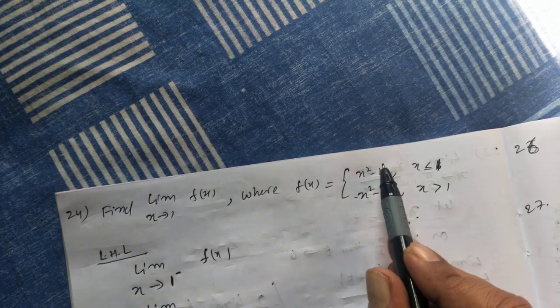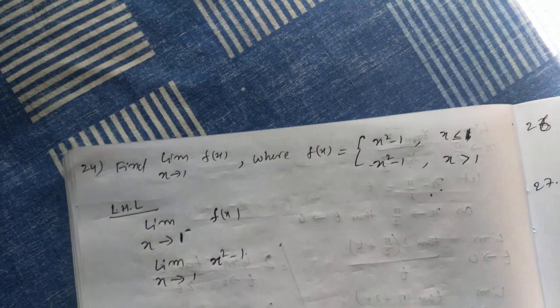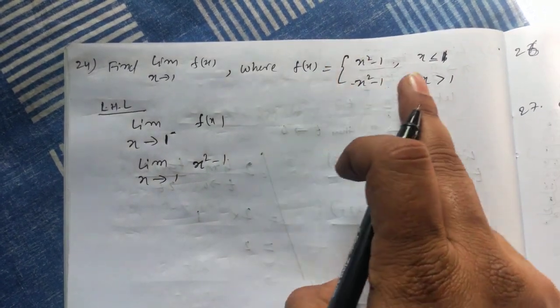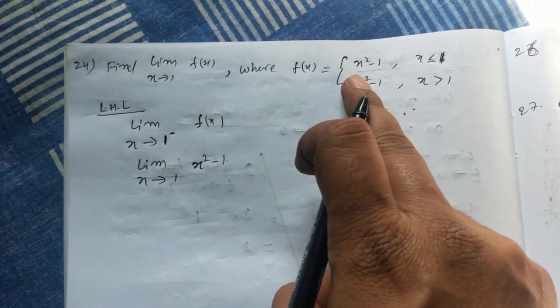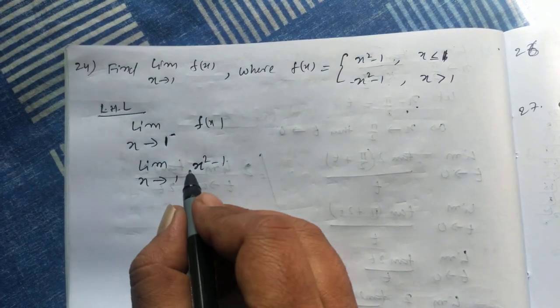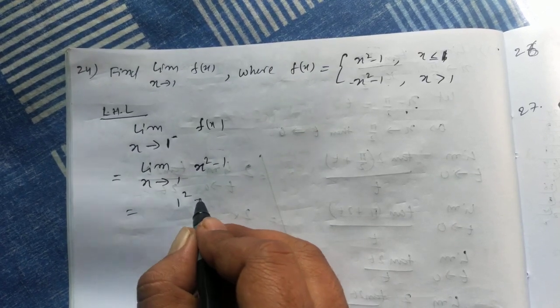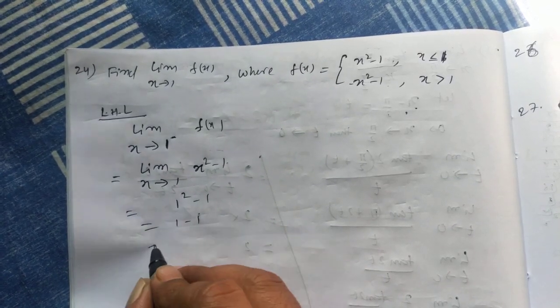So I can use x square minus 1. If you see this f(x), they have given the value. If it is less than 1, you have to use x square minus 1. If it is more than 1, x square plus 1. So in left hand limit, I have to use x square minus 1. Put the value: 1 square minus 1 is 0.